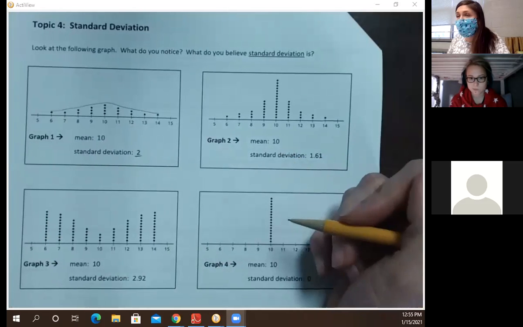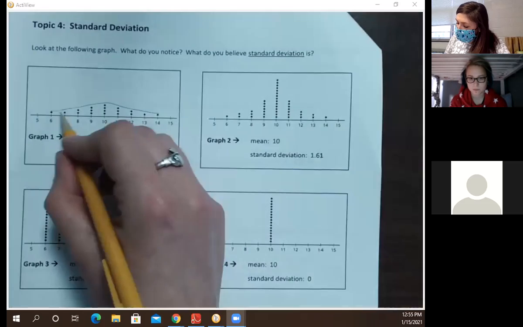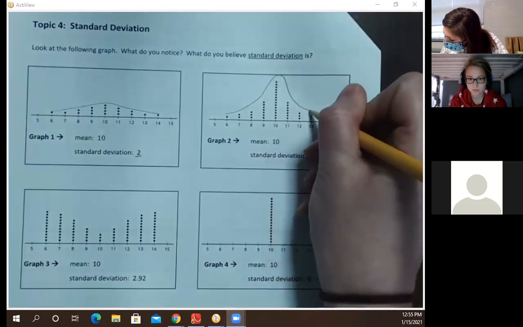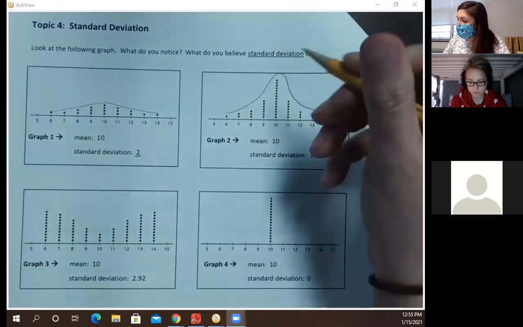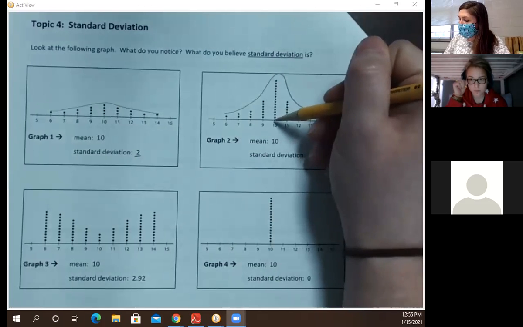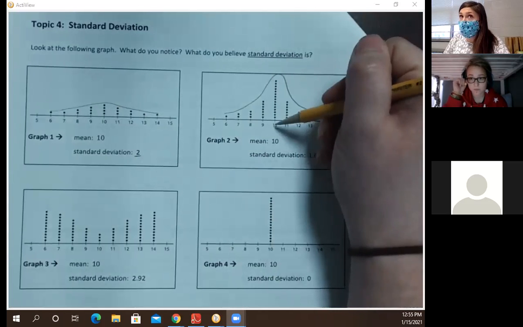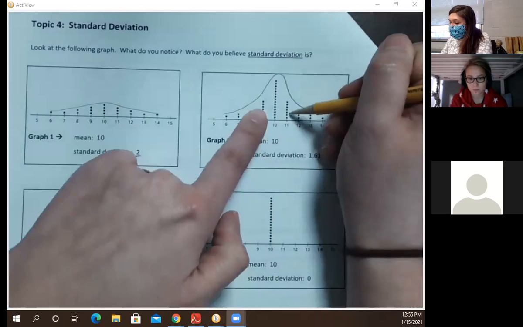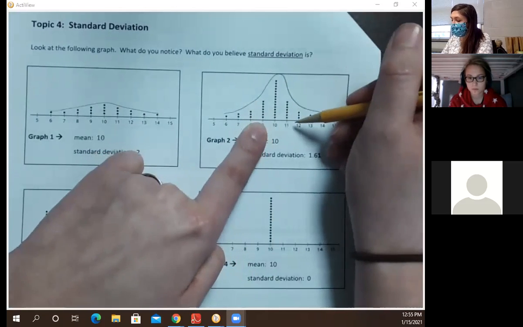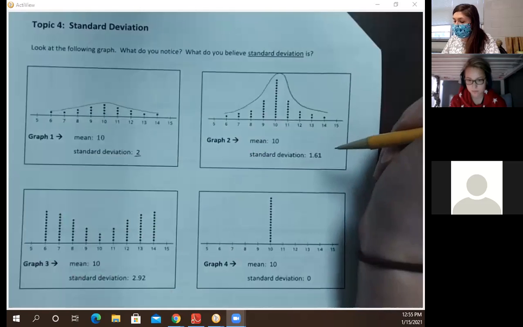Now for graph 2, we've got some bell-shaped data again here, but this time, instead of being pretty flat, my bell's pretty tall and skinny, right? I've got, again, a cluster of data around 10, but this time I have a lot of values that are 10, and then a lot of values that are 9 or 11 right on either side, and then it drops off pretty steeply.